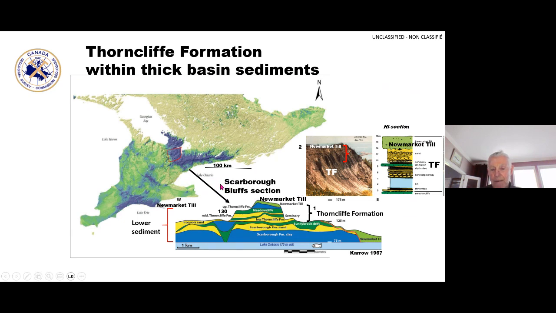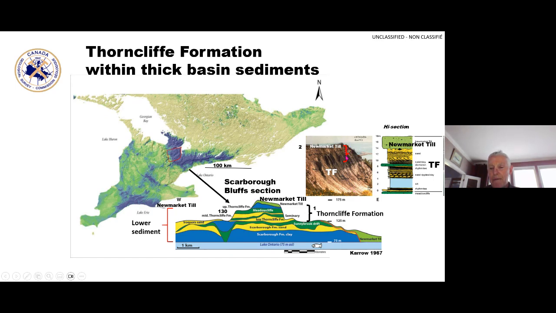So at the Scarborough Bluff sections, below the Newmarket Till, we see about 50 meters of Thorncliffe sediments, interbedded muds, mud diamictons, and sands. The sands at about 130 meters above sea level are inferred to be deltaic or lake level controlled deposits. This sequence is well exposed at the Scarborough Bluff shown here in this image.